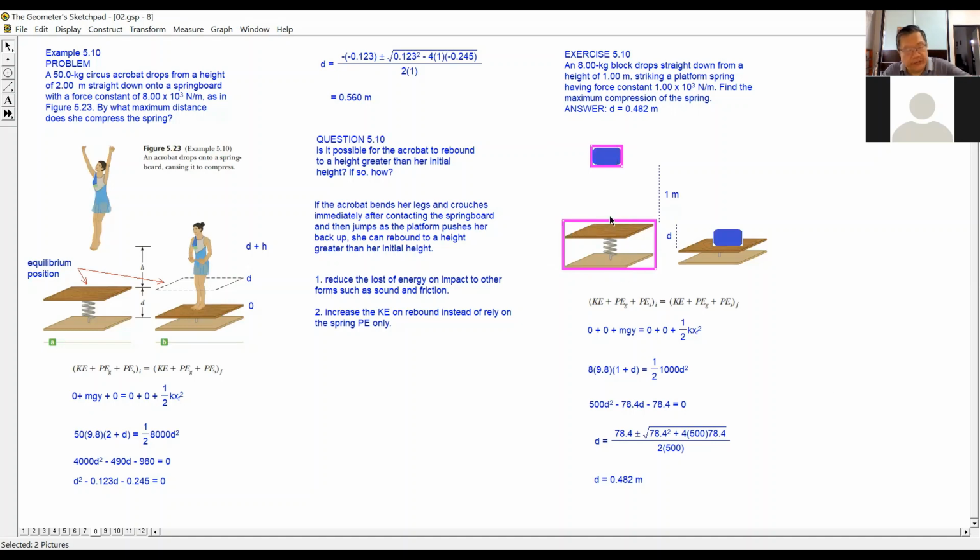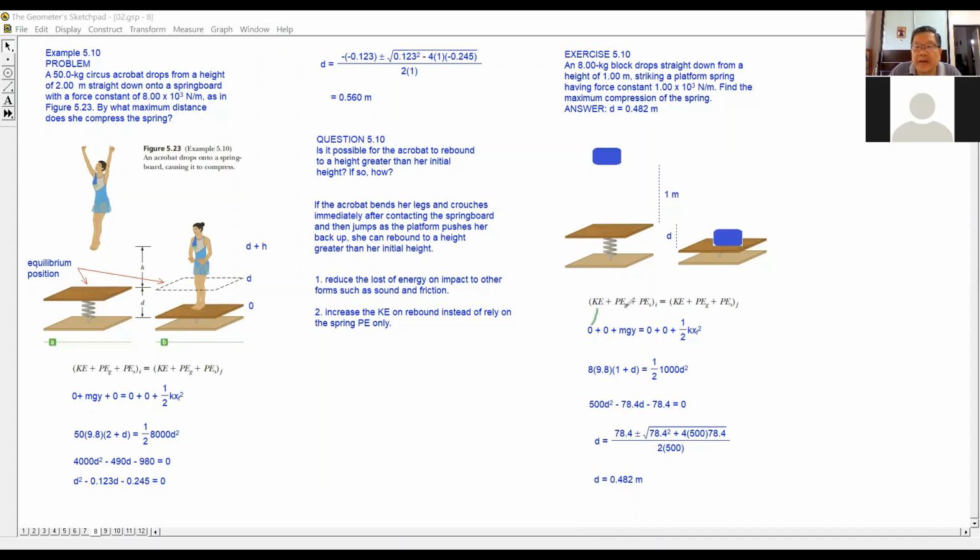Of course, the usual ones: kinetic energy, potential energy in the spring, and gravitational potential energy. So this is the initial part. At first, the block is not projected down. It is dropped down. That means the initial velocity is zero. So the kinetic energy initially is zero.